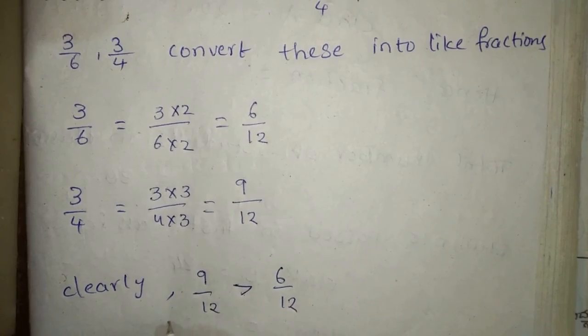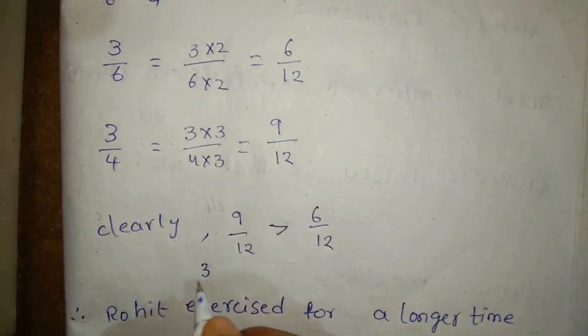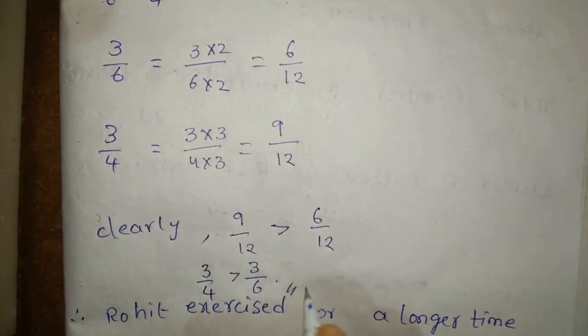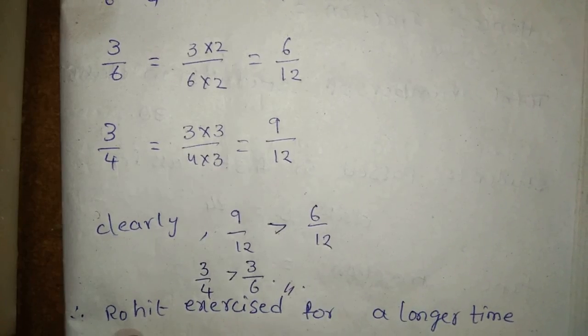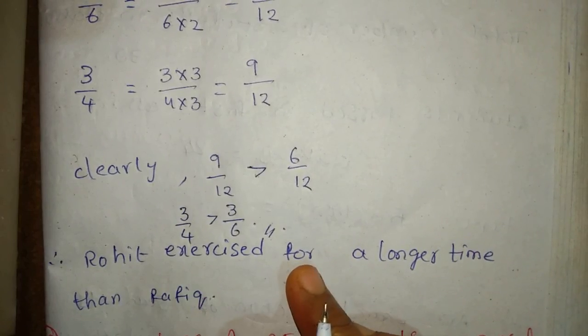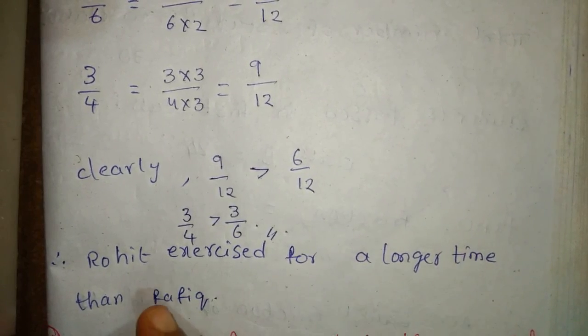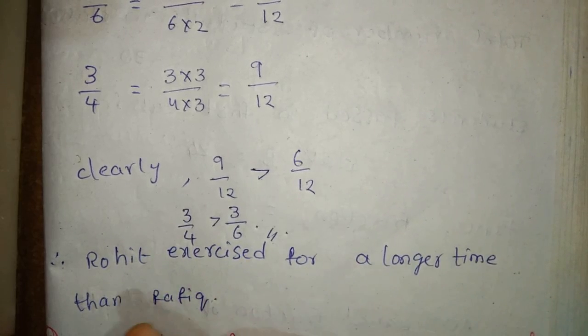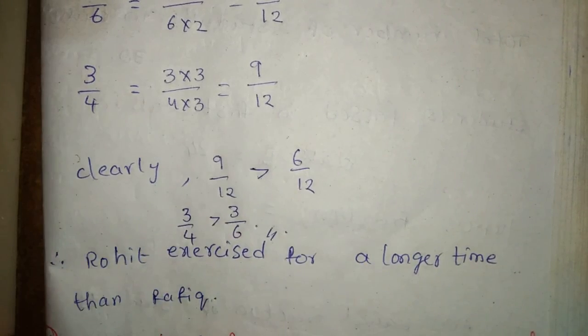That is, 3 by 4 is greater than 3 by 6. Now who? Rohit. Rohit exercised for a longer time than Rafiq.